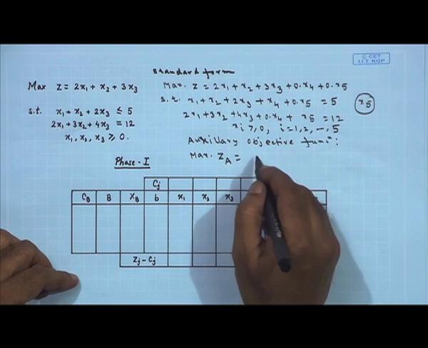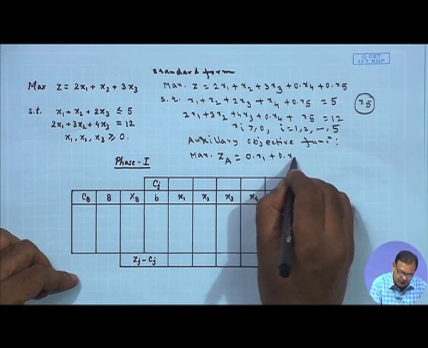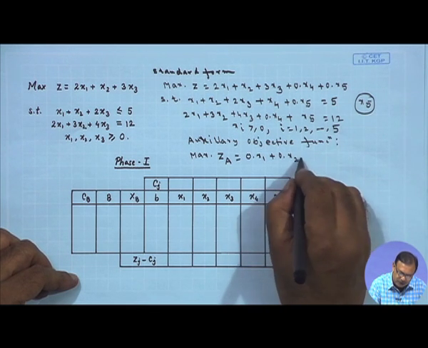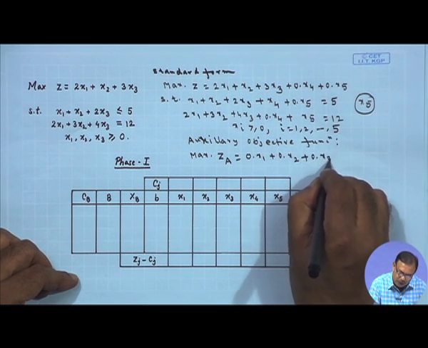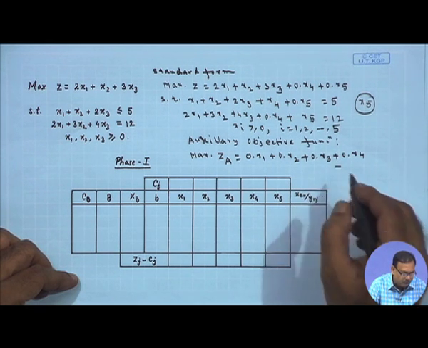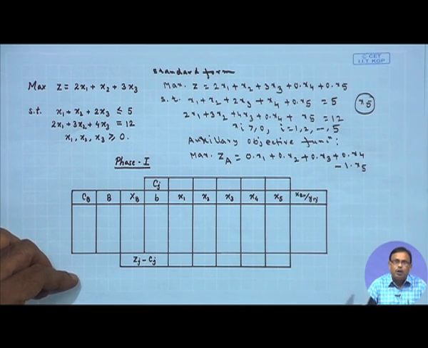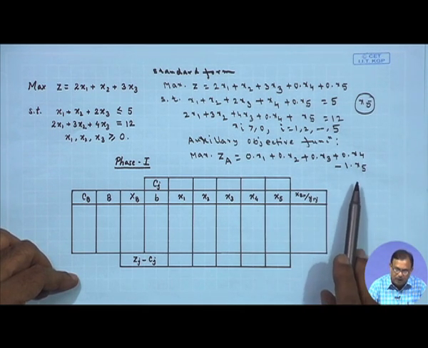That is, za equals 0 into x1 plus 0 into x2 plus 0 into x3 plus 0 into x4 plus minus 1 as the coefficient of the artificial variable.